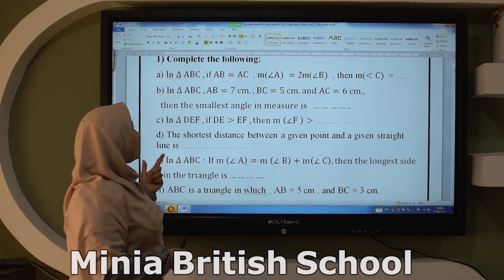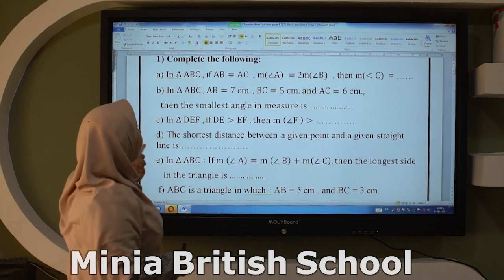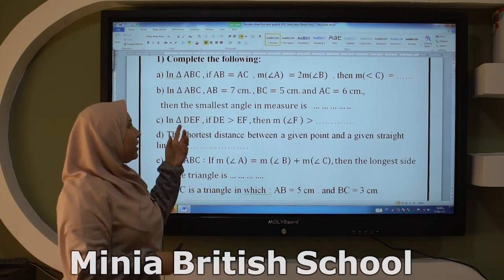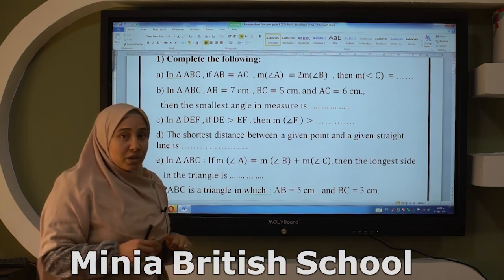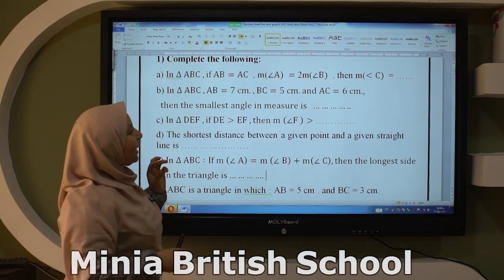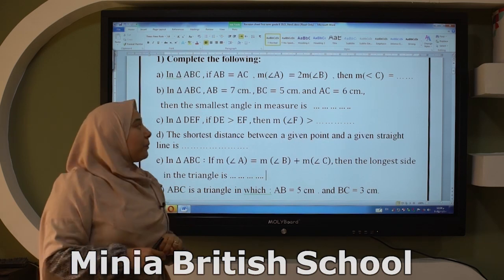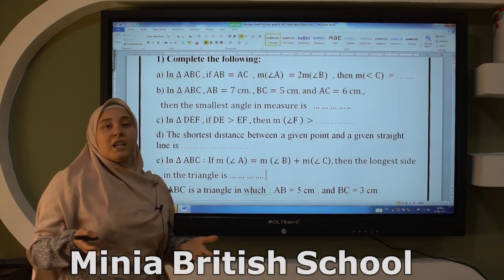The first one: in the triangle ABC, if AB equals AC, then the triangle ABC is an isosceles triangle, and the measure of angle A equals the double of the measure of angle B. Then the measure of angle C equals what?